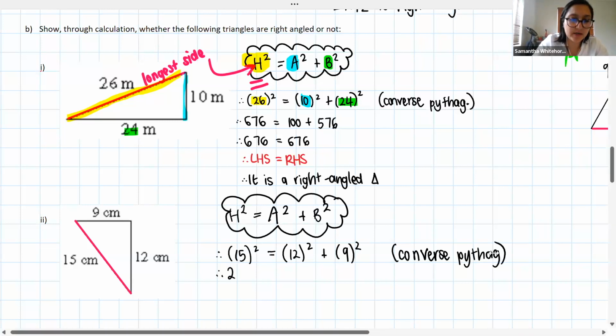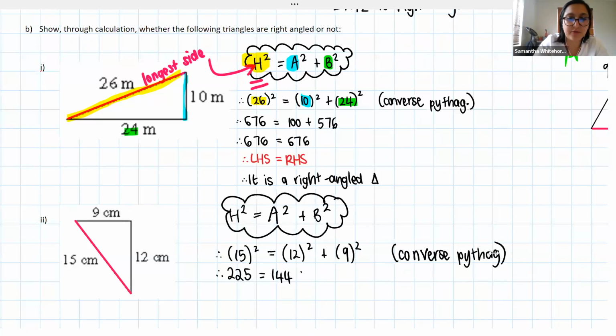Right, 15 squared, 225. 12 squared, 144. 9 squared, 81. If you add them together on the right-hand side, 144 plus 81, you get 225.